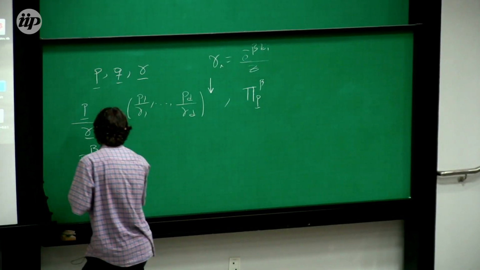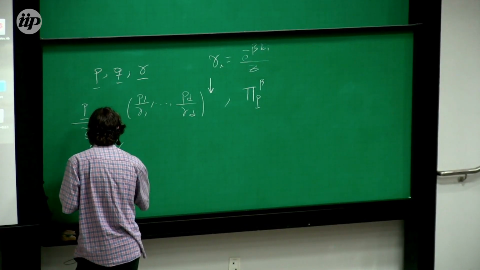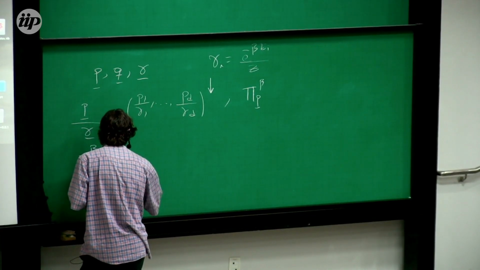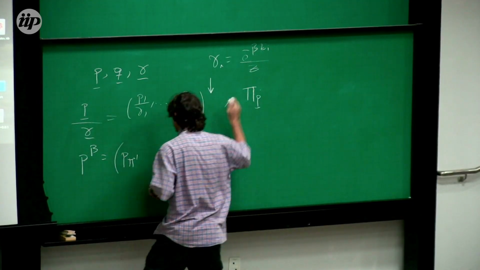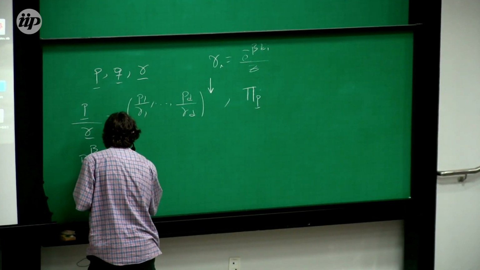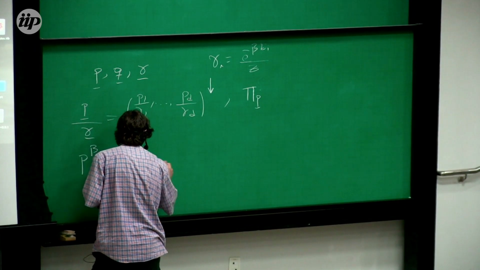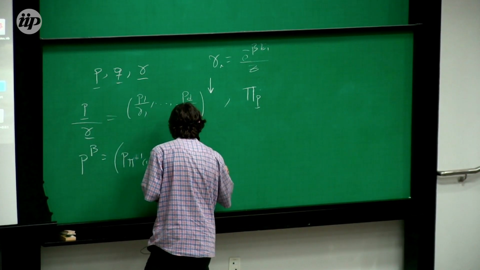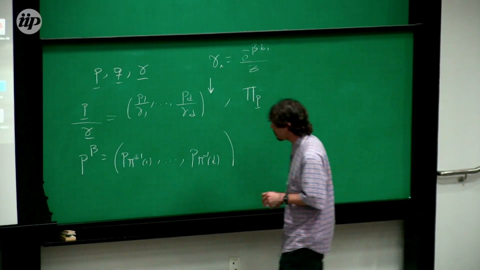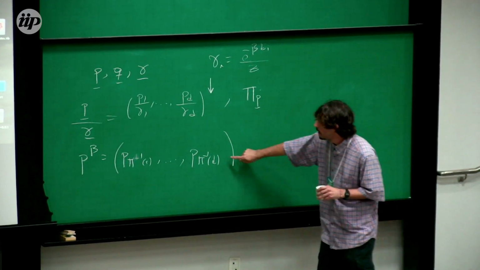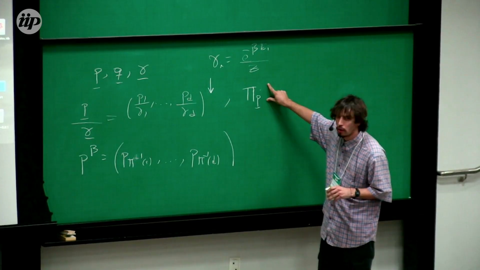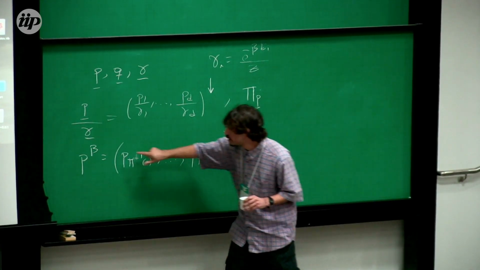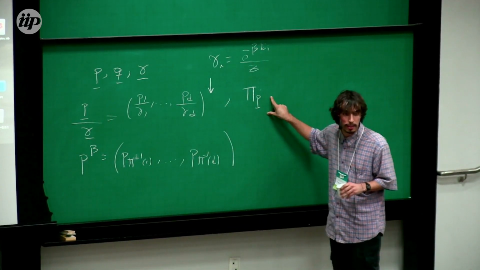So basically this could be something like P of pi minus 1 over 1, up to pi minus 1 over D. What this is telling us is that I find this beta ordering, and then I write my initial distribution according to this ordering.